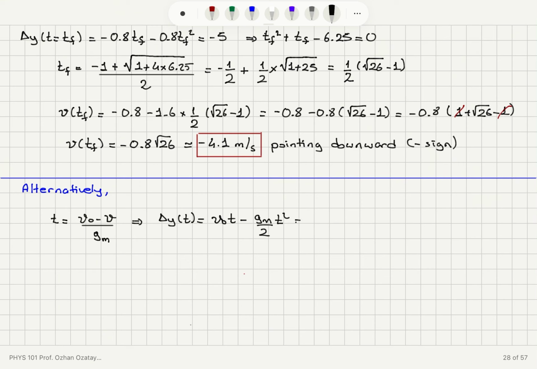And this will be equal to v0 times, for t I substitute v0 minus v divided by gravitational acceleration on the moon, minus gm over 2 times v0 minus v squared divided by gravitational acceleration gm squared.